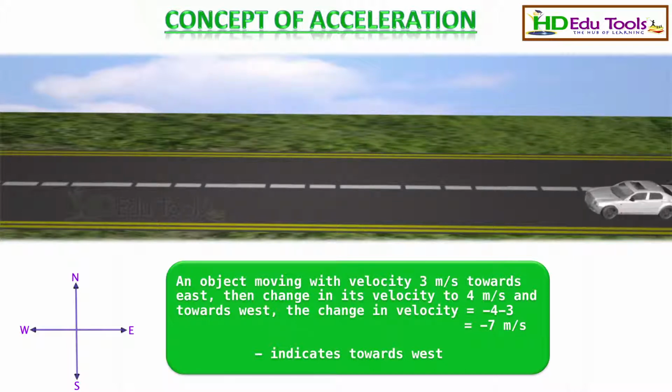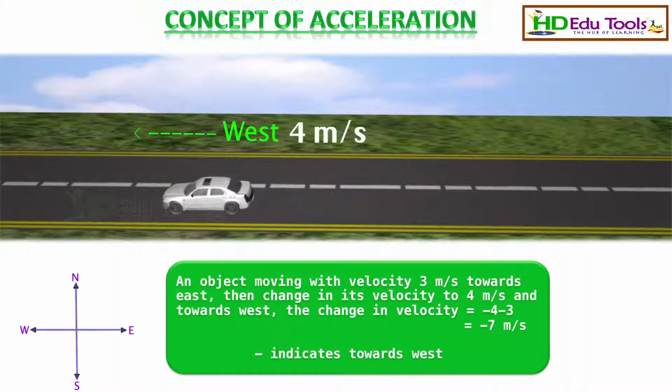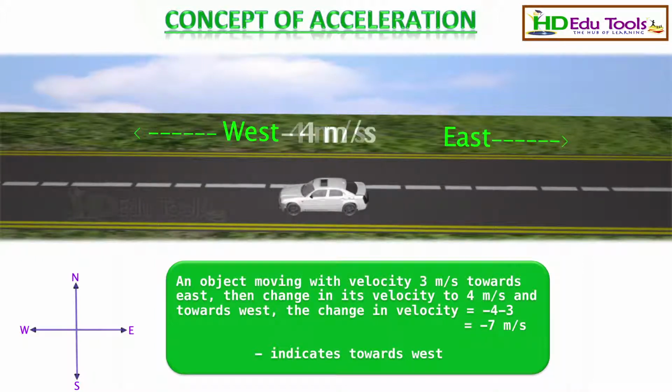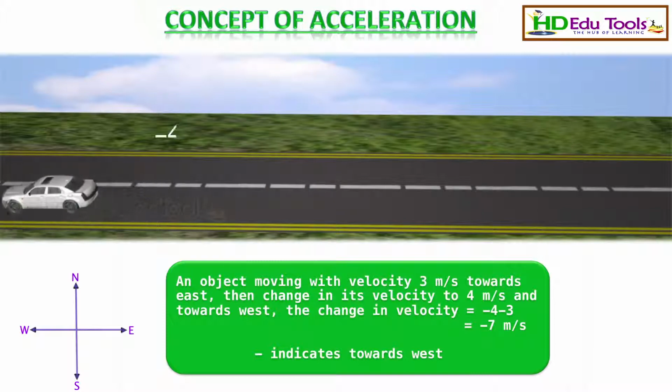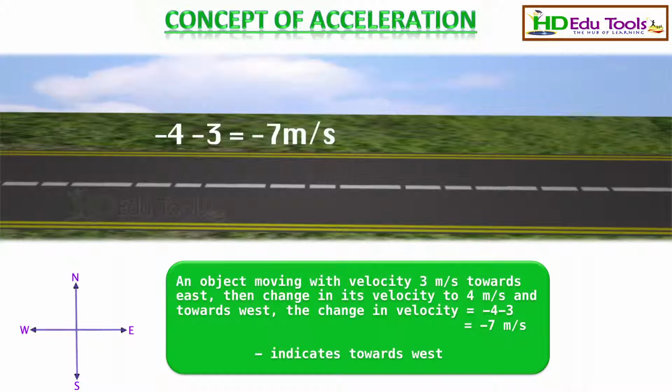The final velocity is towards west. This is opposite to east. We have to take minus, that is minus 4 meters per second. Therefore, the change in velocity is minus 4 minus 3, that is equal to minus 7 meters per second, and the minus sign indicates towards west.